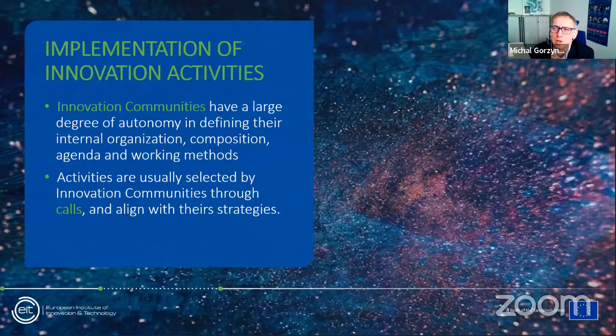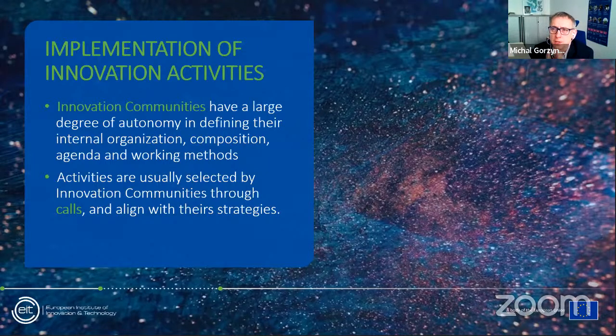However, they have to follow certain rules, which have to create conditions that all those activities are aligned with what is expected from the EIT and strategic objectives of the EIT.